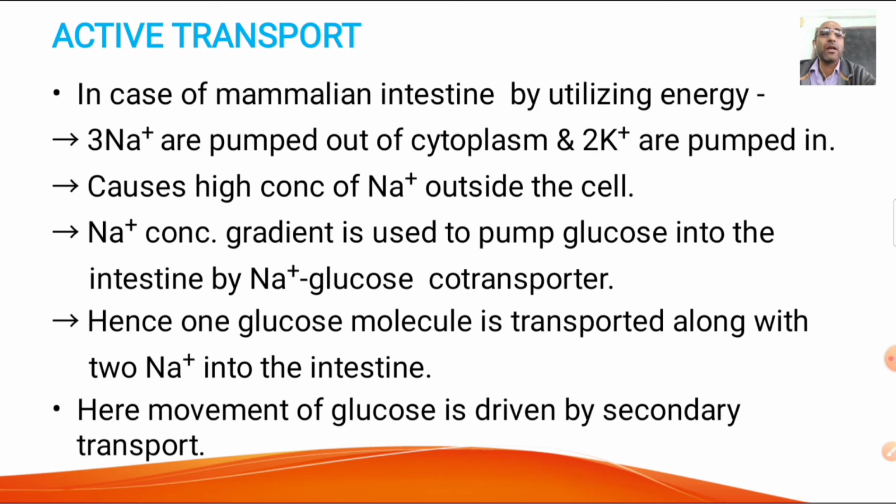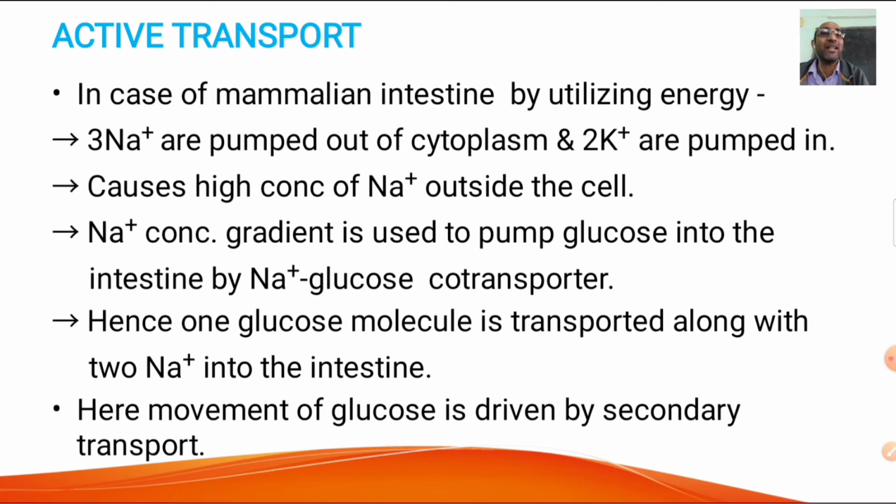I will discuss. So, here primary active transport is the sodium potassium pump, which pumps 3 Na plus out of cytoplasm and pumps in 2 K plus into the cytoplasm. Now, as a result of this movement, there occurs accumulation of more sodium outside the cell. So, higher sodium concentration brings about the secondary active transport.